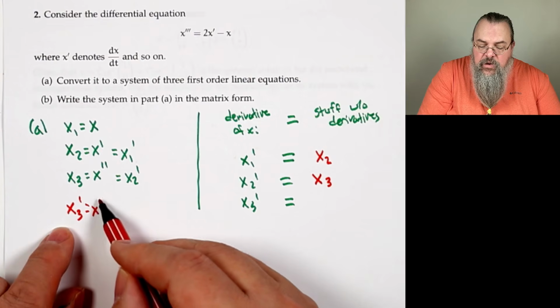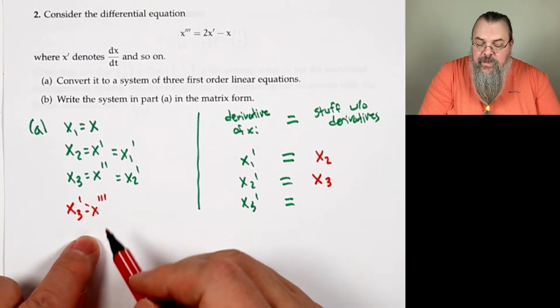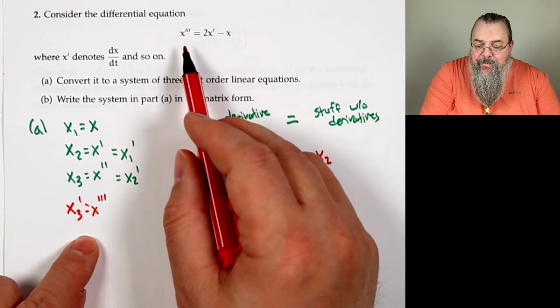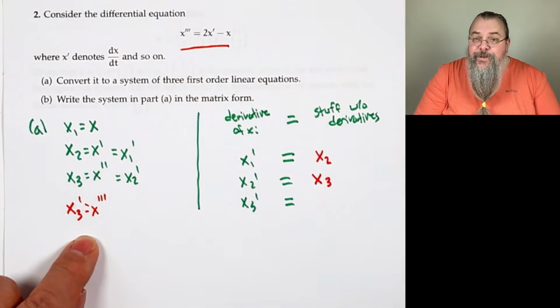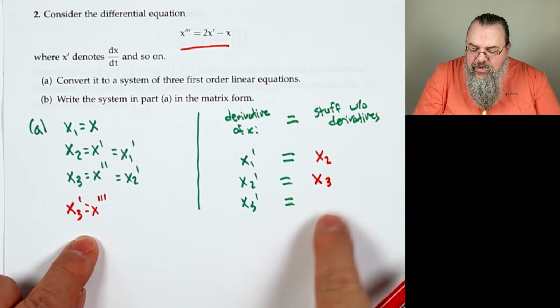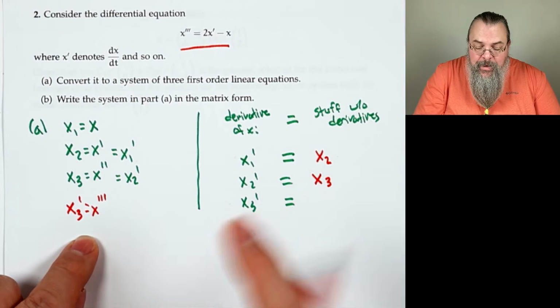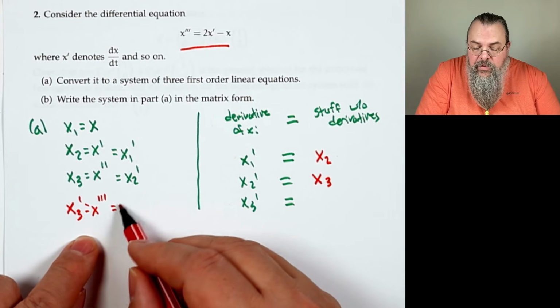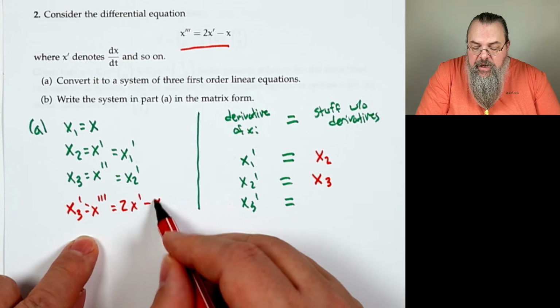That's x triple prime, and this is where our original differential equation comes in, at essentially this entry here. That is 2x prime minus x.